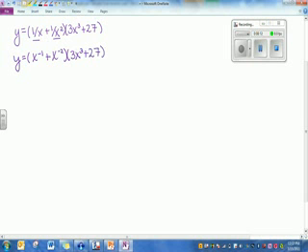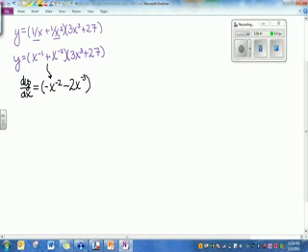So let's do that. I've got here dy over dx is equal to the derivative of the first. So you're going to use the power rule to take the derivative of that first thing. It's going to be negative x to the negative 2 minus 2x, and my new exponent is going to be negative 3.